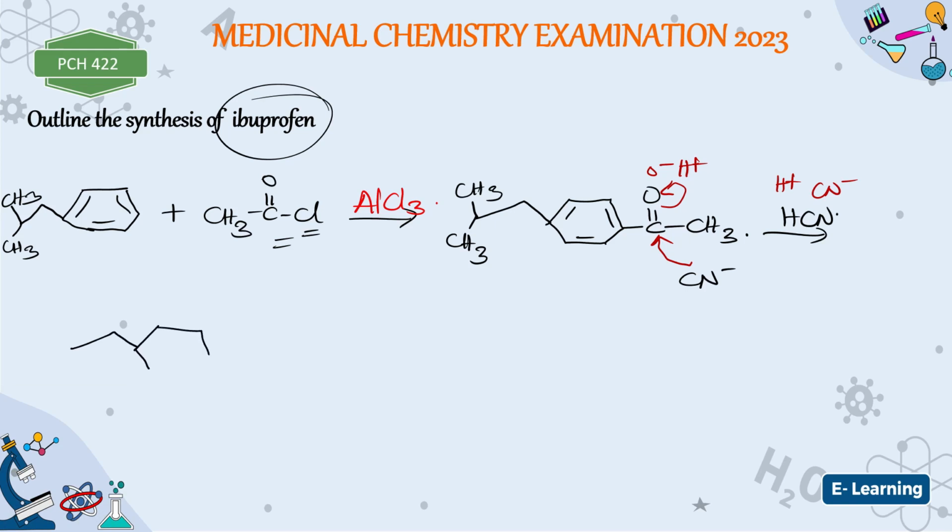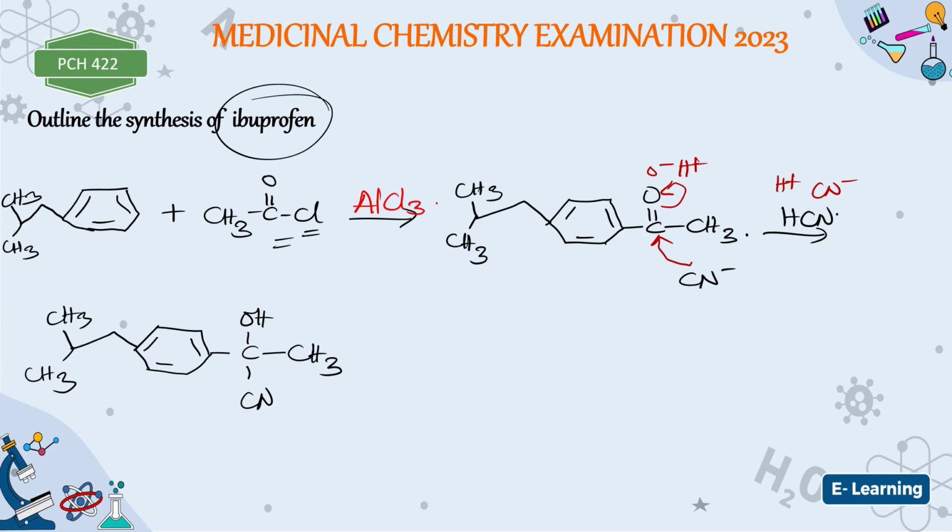Then we have the benzene ring, and then you have CH3, CH3. Then here is C, here will be OH, here will be CN, here will be CH3.